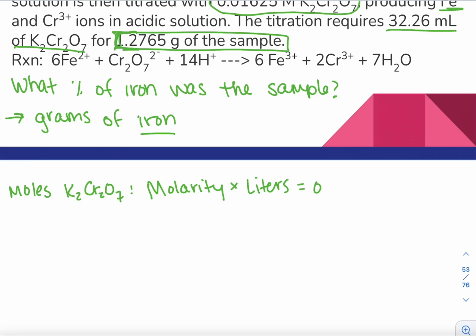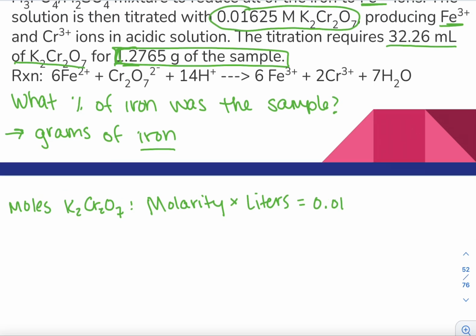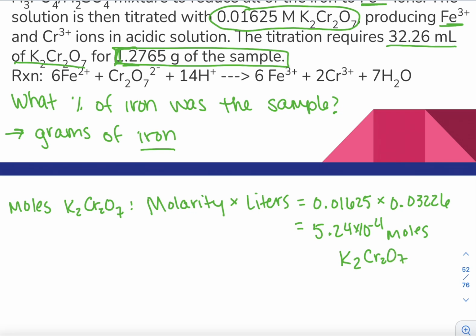Okay, so if I do molarity times liters, I have the molarity, and then our liters. So we have this many moles of potassium dichromate.